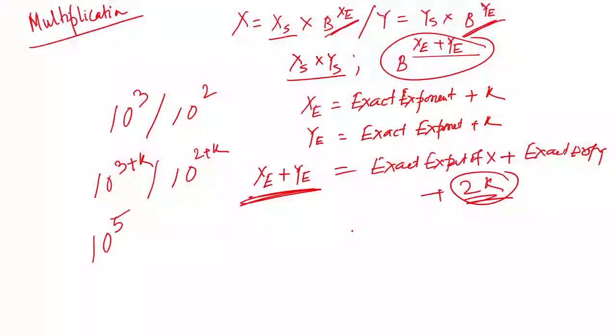So, after addition of these two exponents, what you have to do? You have to subtract k, then only we will get the exact value. That is what we do in case of the multiplication.